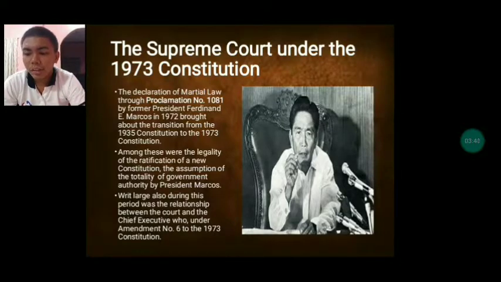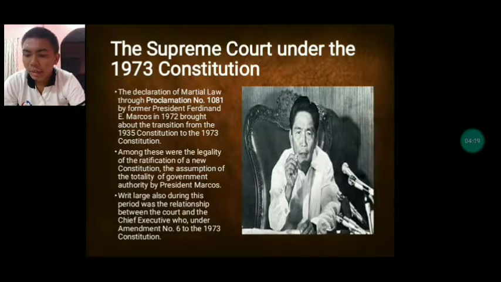Also notable was the relationship of the court and the executive, who under Amendment Number 6 to the 1973 Constitution assumed legislative power even while the elected legislative body continued to function.